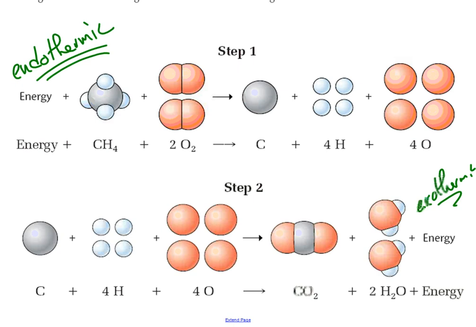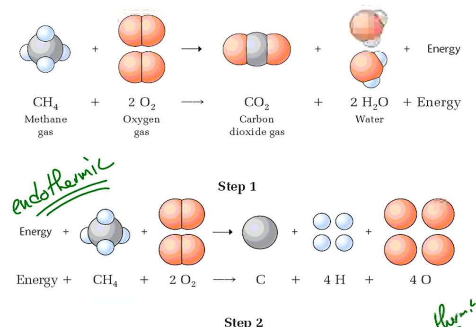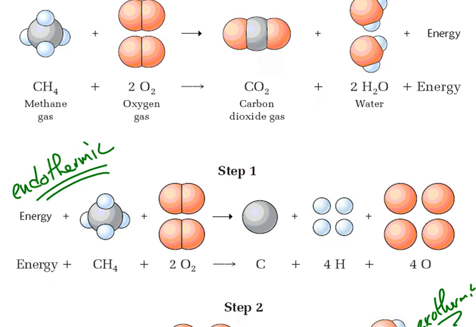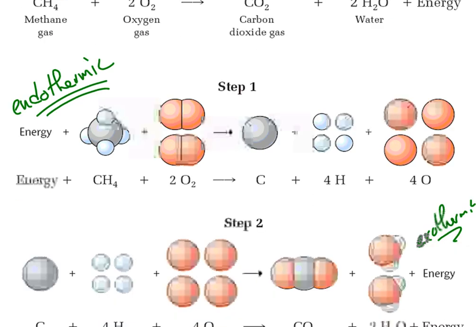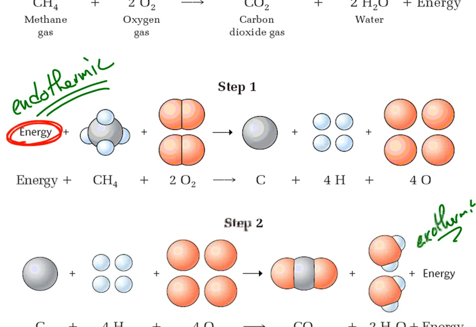From the energy standpoint, you want to think of two things happening. You have to put energy in to break bonds, and how much? And you get energy back out when you form the bonds. So how much energy did we have to put in to break the bonds to form all those single atoms there? And then how much energy do we get out when we form new bonds?